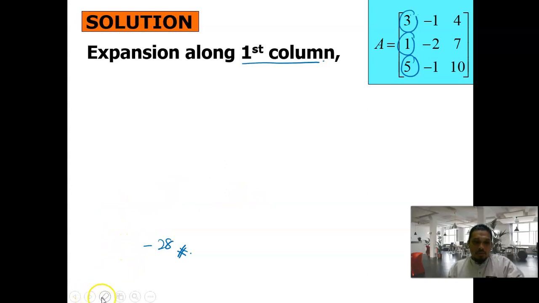Right now, we have solved the question to find the determinant of A using the first column, and the answer is negative 28. Let's keep this for a while.